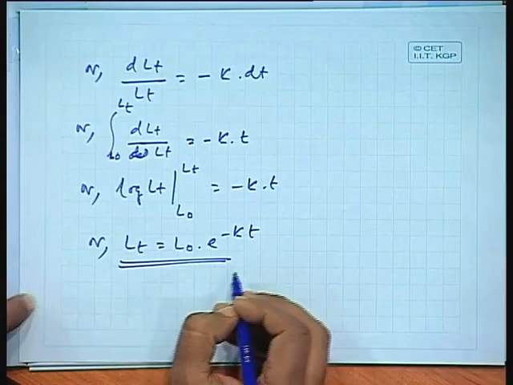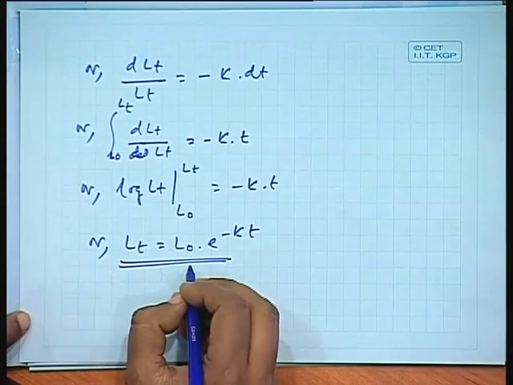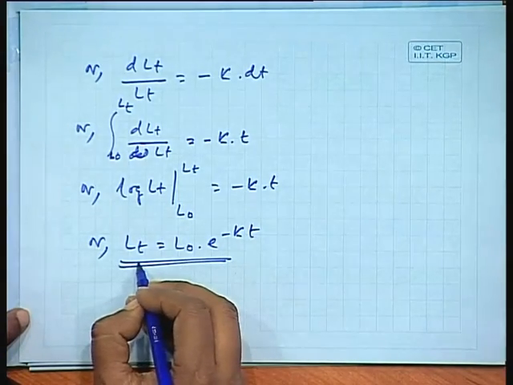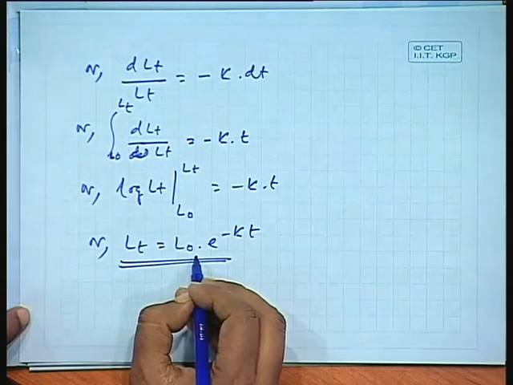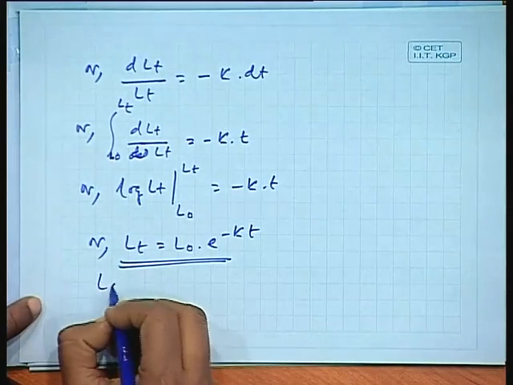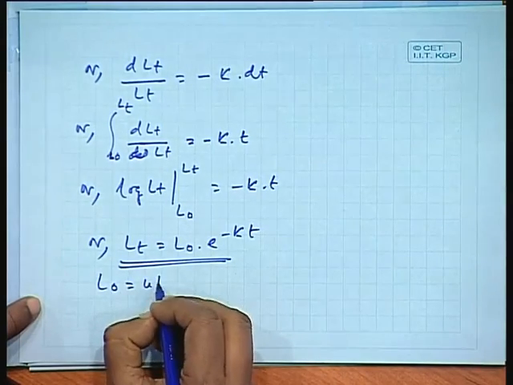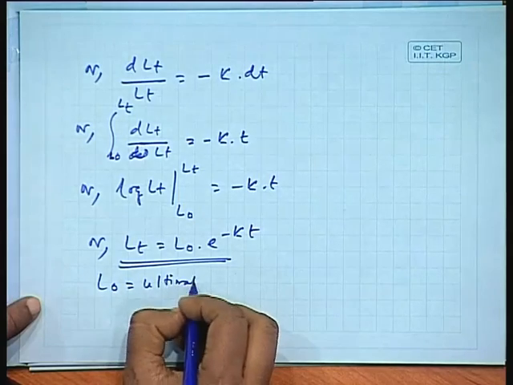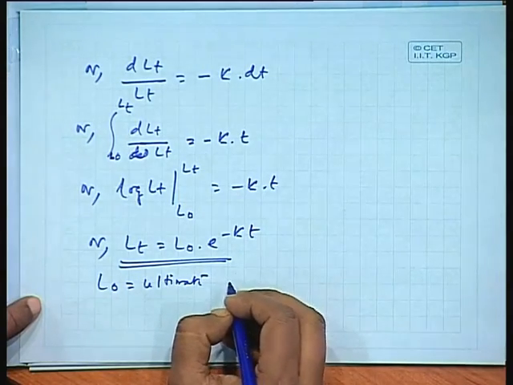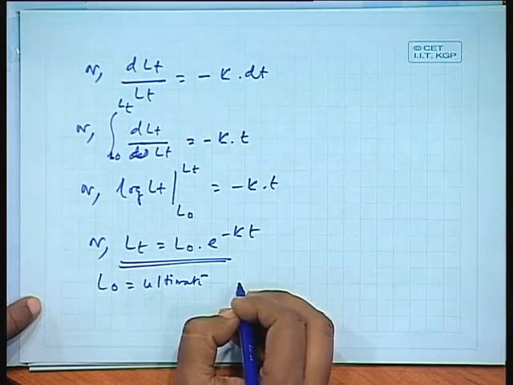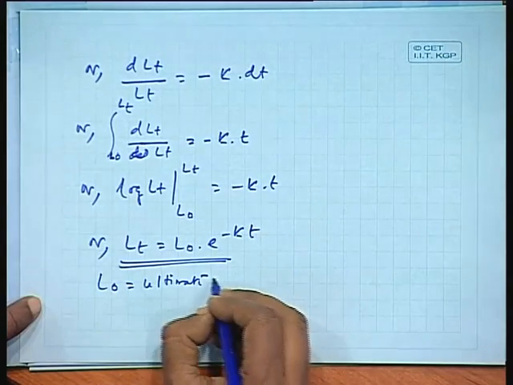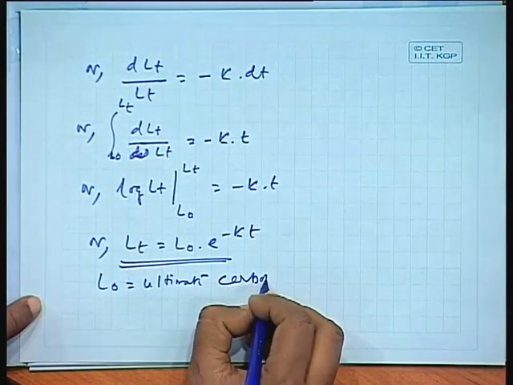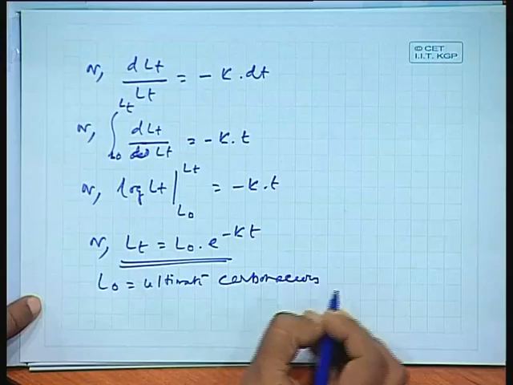It says that at any point of time L0 is known as the ultimate carbonaceous BOD.